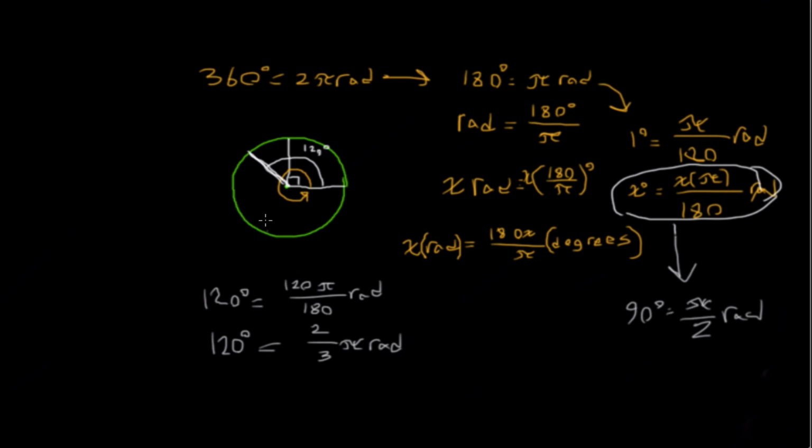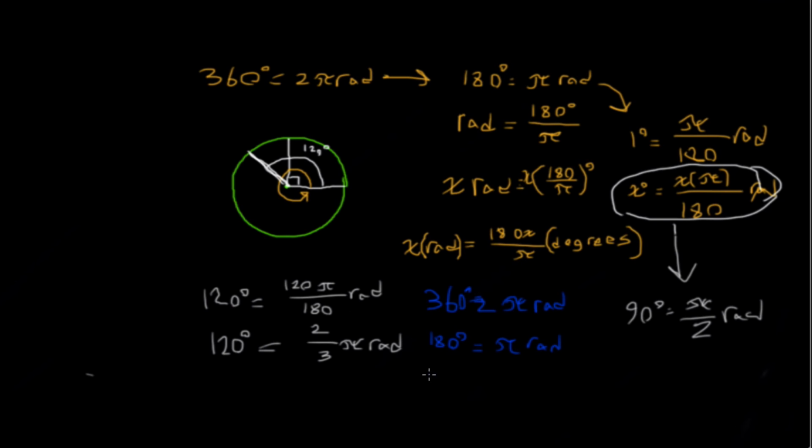Okay, right, because that's 2/3 of our 180 degrees, and 180 degrees is pi radians, right? Because if 360 degrees is 2 pi rad, then 180 is 1 pi rad, is equal to pi radians.